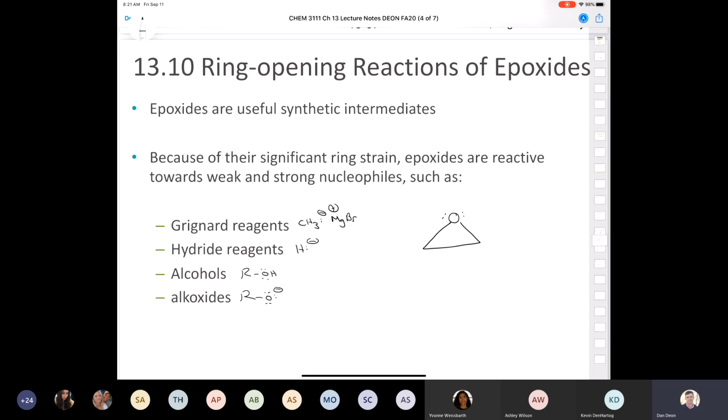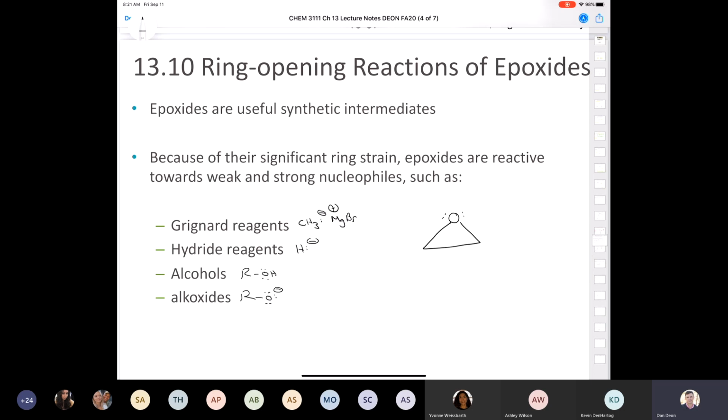And what happens when it attacks? It's going to proceed with inversion of configuration. And you're like, well, what does that mean? Okay, inversion of configuration. Well, look, if this carbon-oxygen bond that I just highlighted in yellow is pointing up like that, that means that the nucleophilic attack is going to come from behind, backside attack, right?